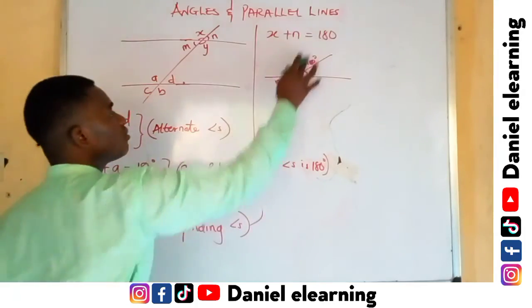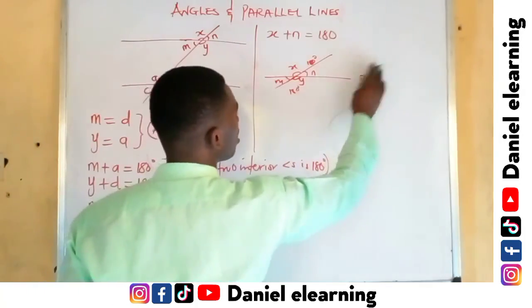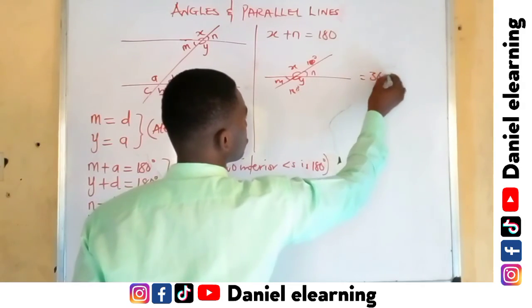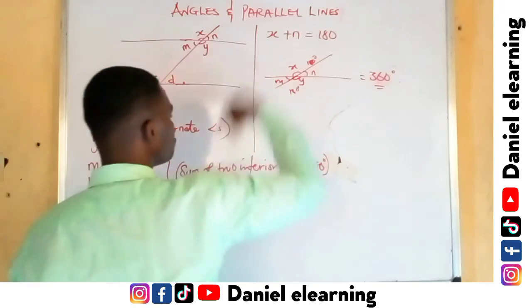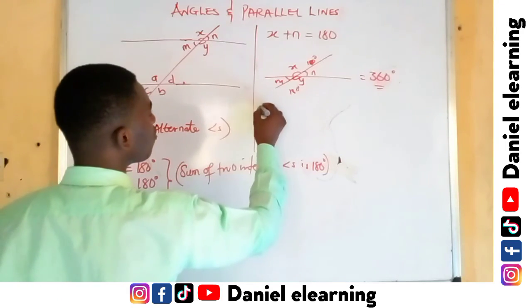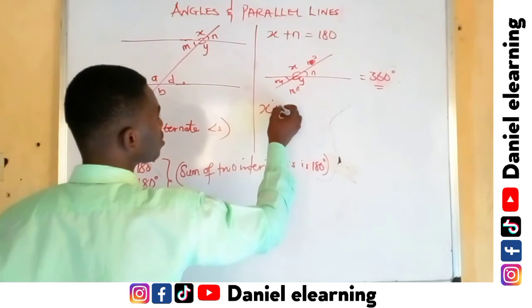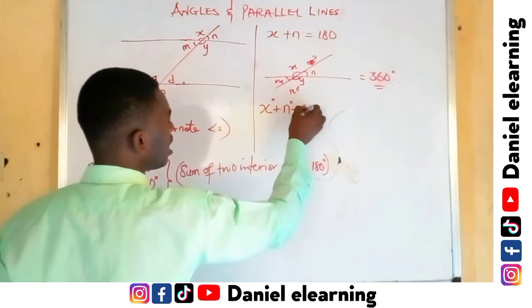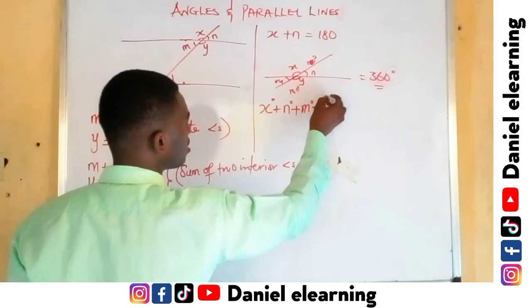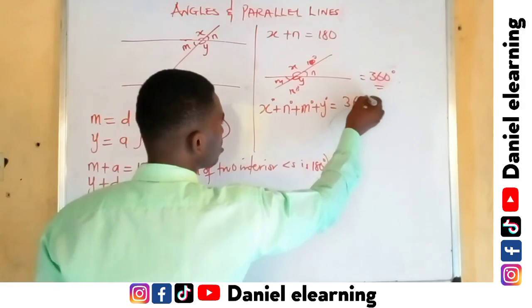So 180 plus 180 is equal to 360 degrees. So this type of angle, I'm having the sum of x plus n plus m plus y equals what? 360.